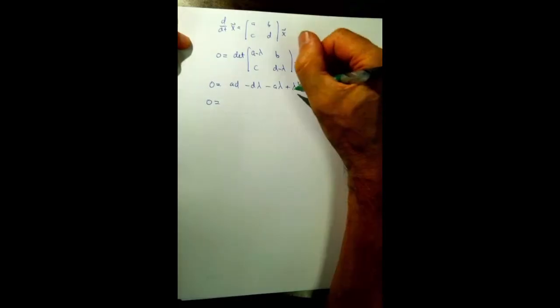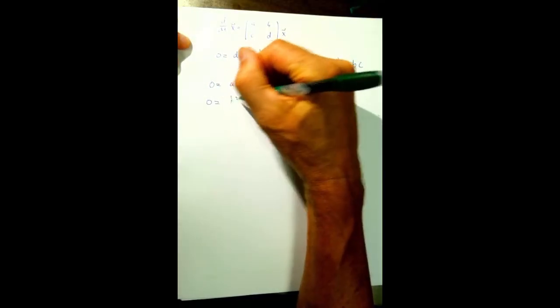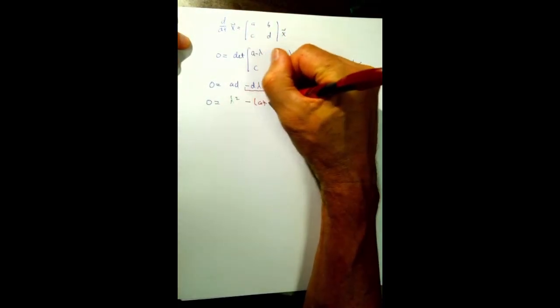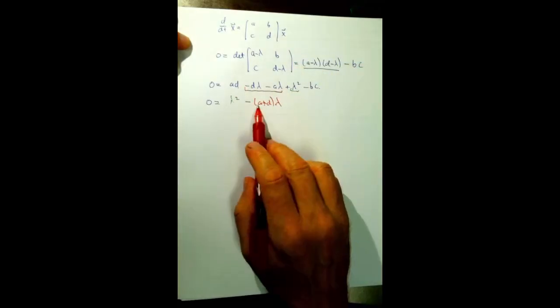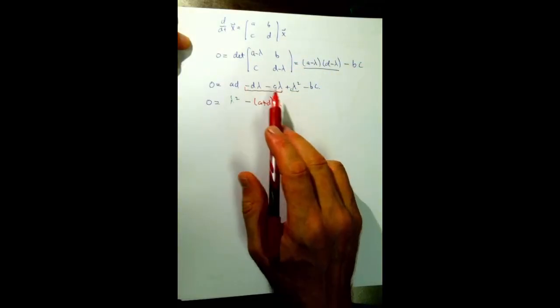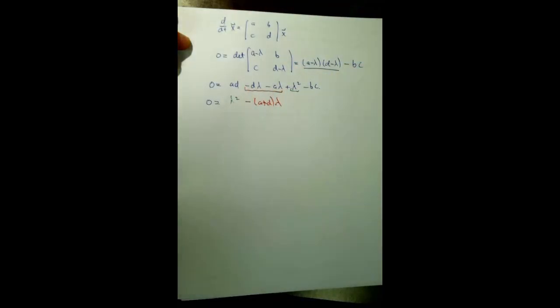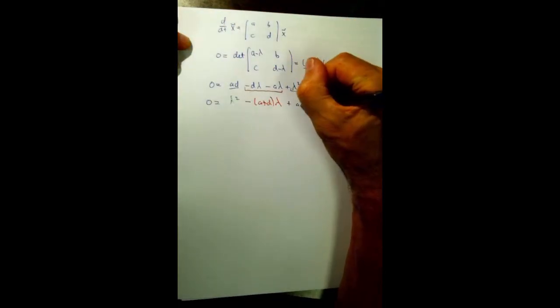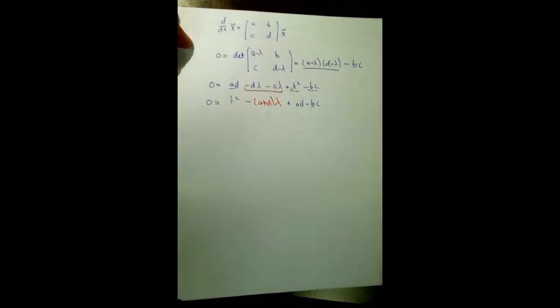Let's collect like terms. So I've got my lambda squared. My lambda terms are going to look like minus A plus D lambda. So it's minus A minus D all times lambda. So I factored out the minus 1. And then what I'm left with is plus AD minus BC.